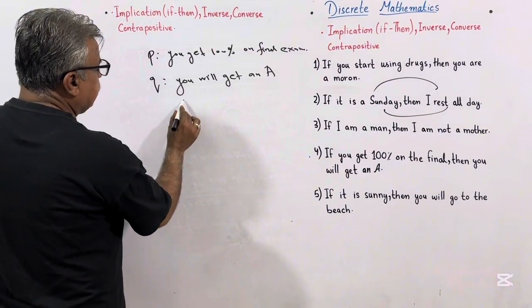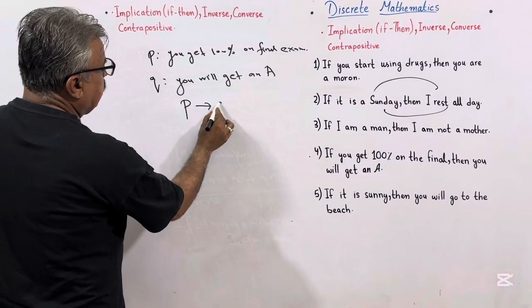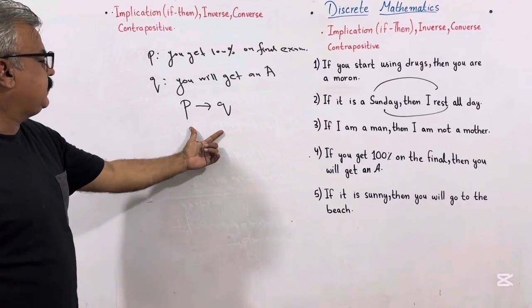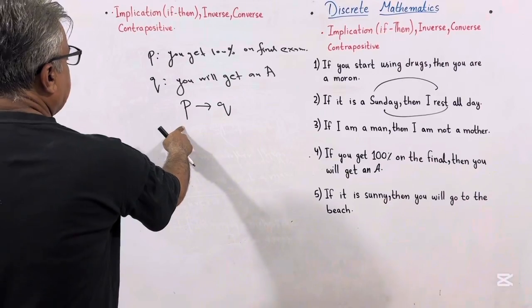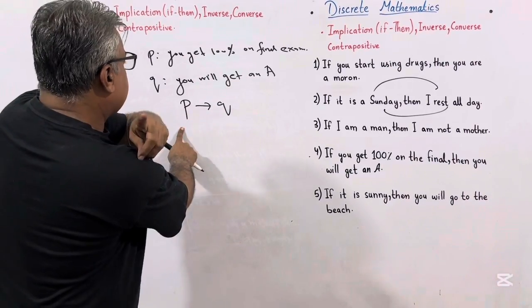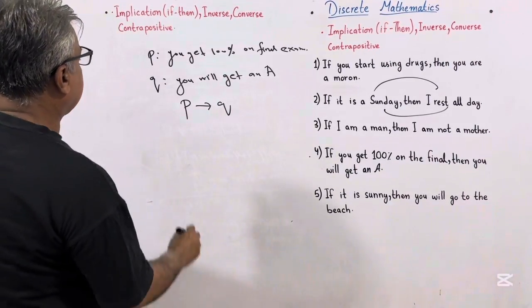This one can be written in implication P implies Q. P implies Q means if you get 100% on final examination, then you will get an A.